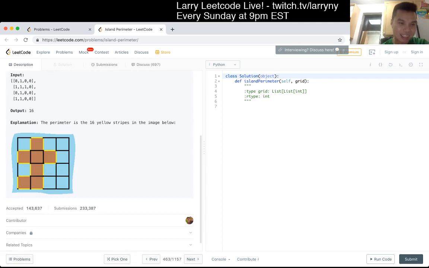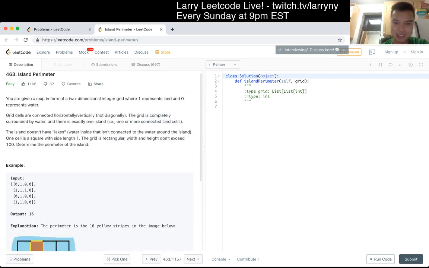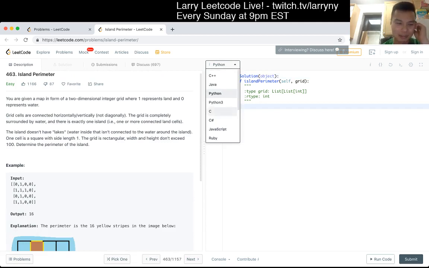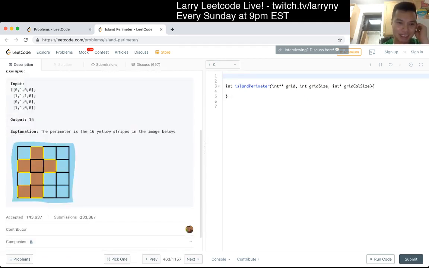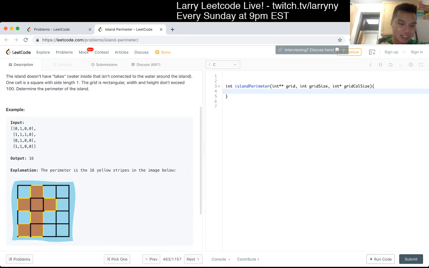Okay, I guess they intentionally add all these restrictions to make it easy. I think this should be pretty straightforward. You just have to check what's inside, what's on the outside, and then just increment otherwise. And the way you could check that is just by looking at all the adjacent ones.